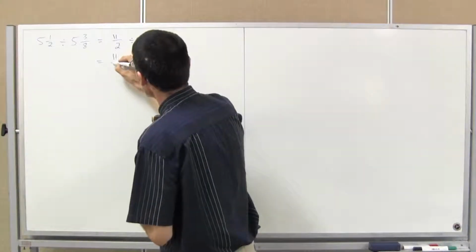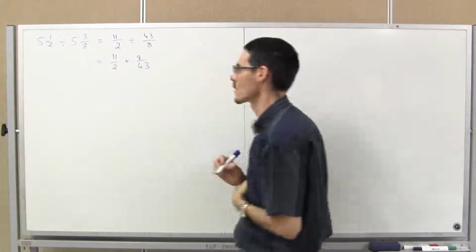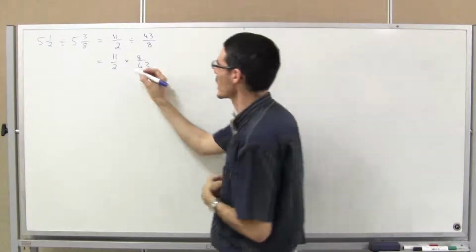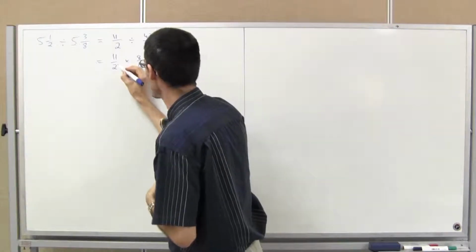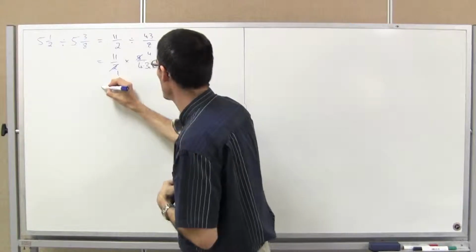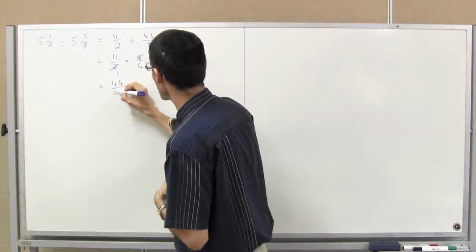Alright, multiply by the reciprocal, 8/43. Can you see any common factors? Yes, I can. These are both divisible by 2. So, 1 and 4. So I'm going to end up with 44/43.